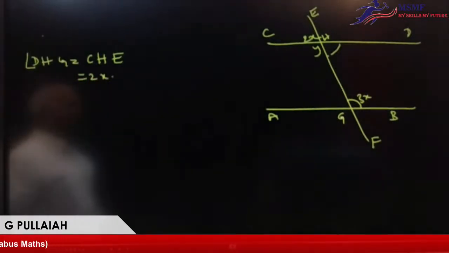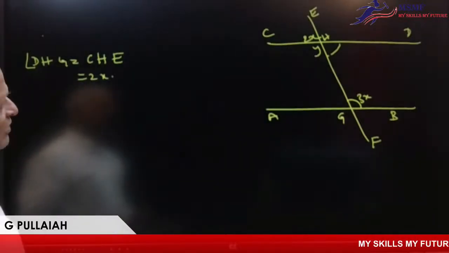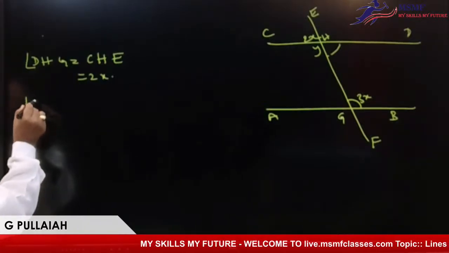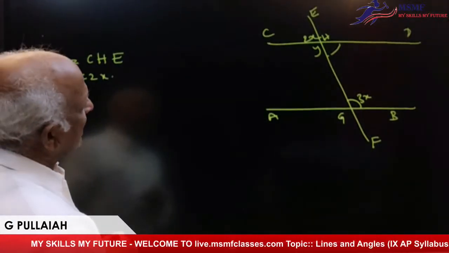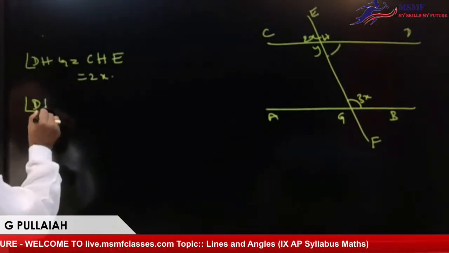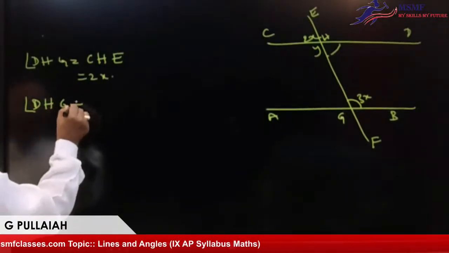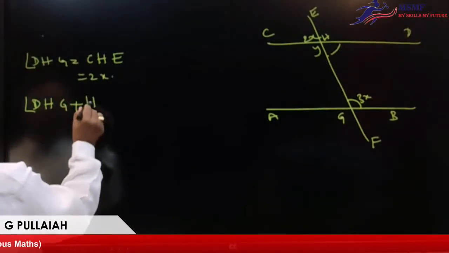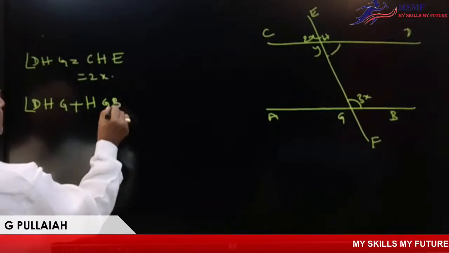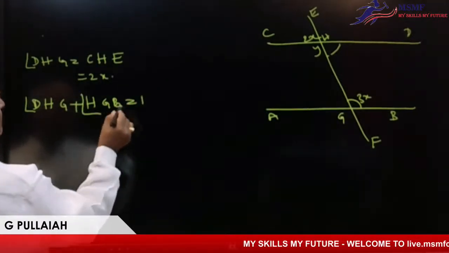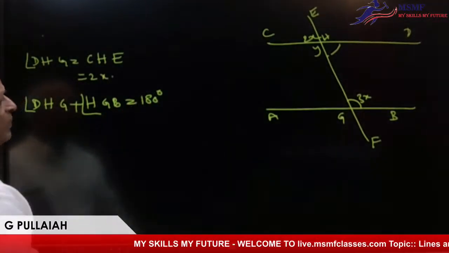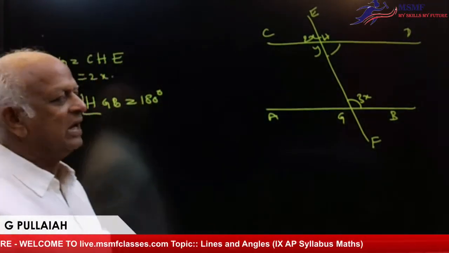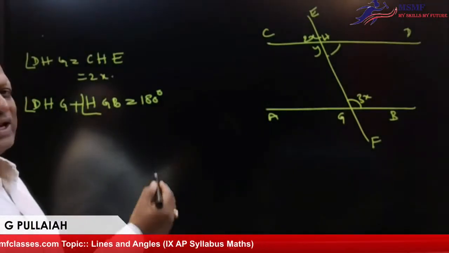So that is nothing but 2x degrees. Now think very carefully here. Angle DHG plus angle HGB is equal to 180 degrees. These are the co-interior angles, and the sum of co-interior angles is supplementary.